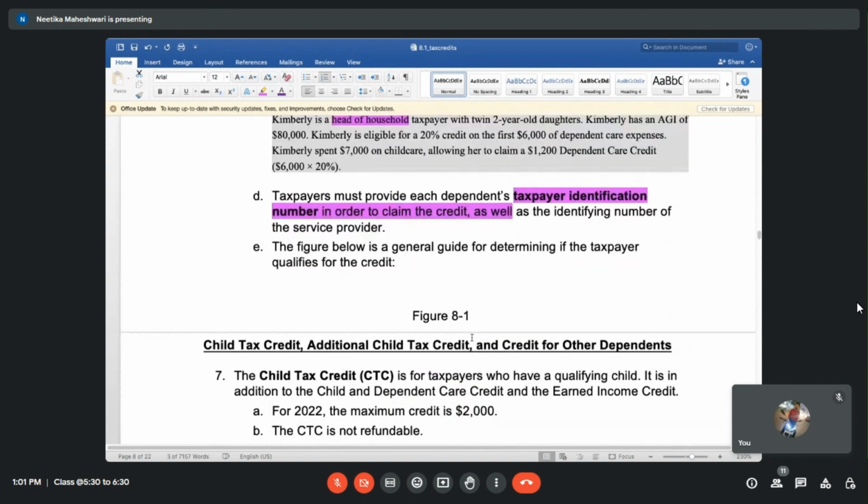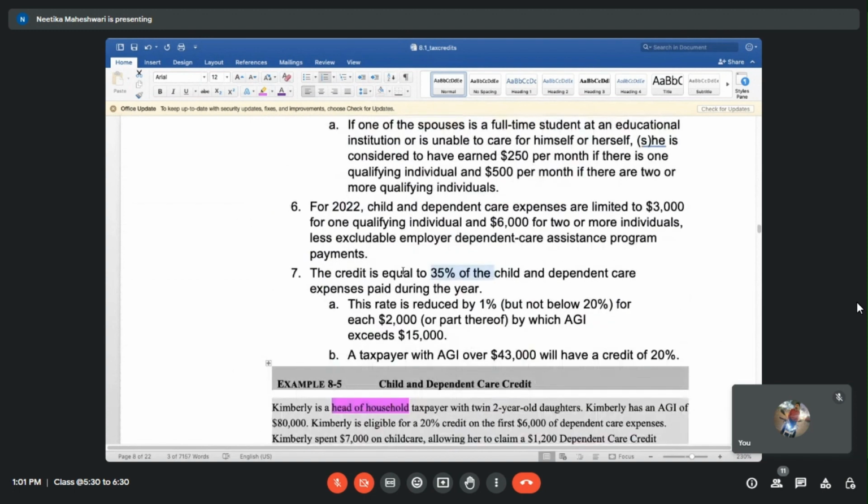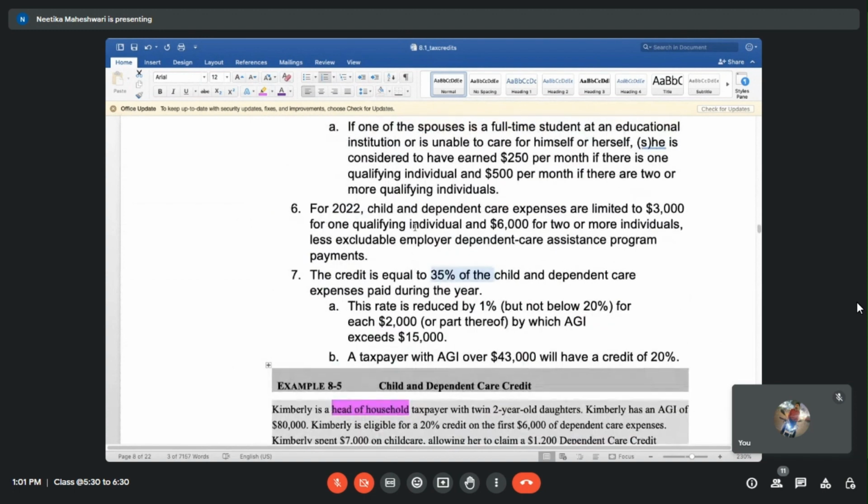Okay, so that is all okay. What we need to remember is that in the W-2, a lot of times we will see DCB, dependent care benefits given by the employer. This is very commonly seen. Say $5,000 is given by the employer as dependent care benefits. That will have a different code in the W-2.